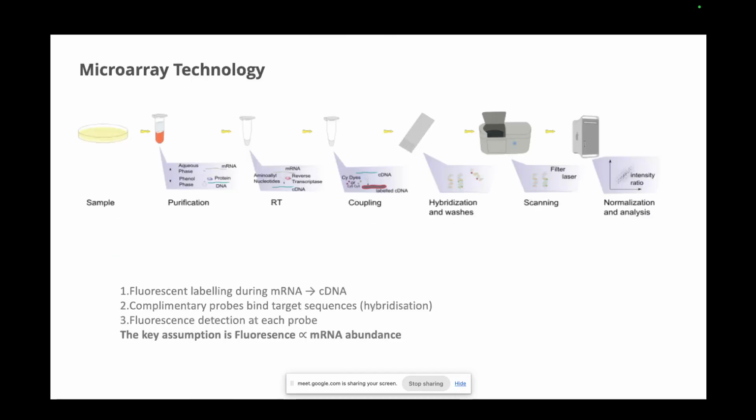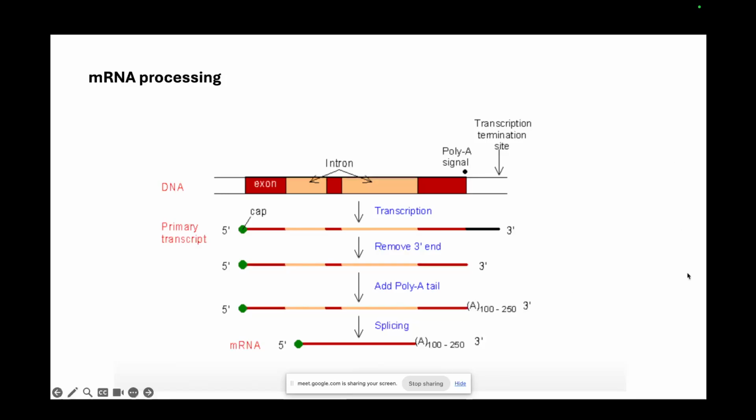Here I was talking about the splicing part, right? This splicing is not constant for every gene product, so you'll have different alternative splicing. In some cases, all the introns will be removed. In some cases, one intron will be removed and the other will be retained, and so on. How many introns are getting removed and what is the length of the mRNA can vary depending on the downstream requirement of the cell, right?